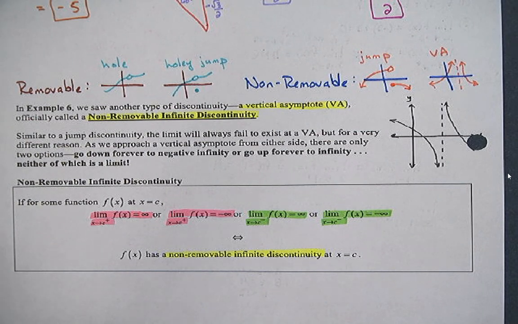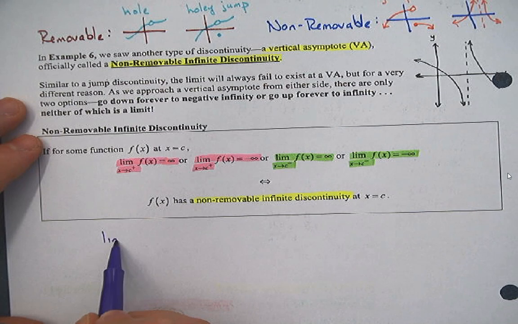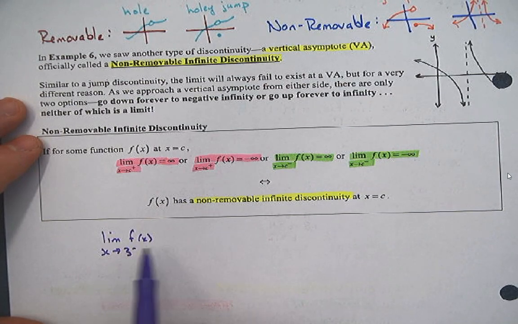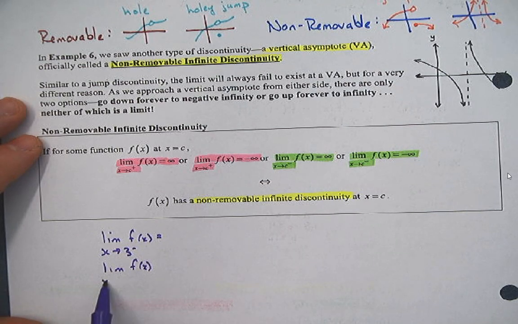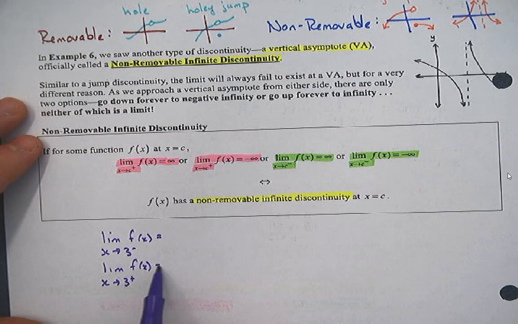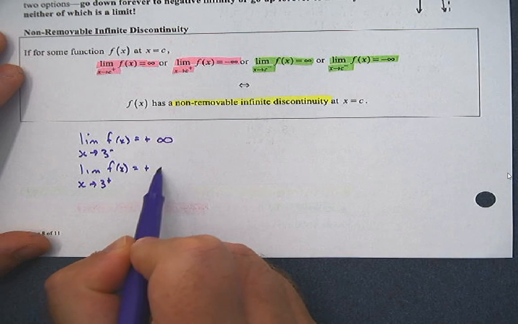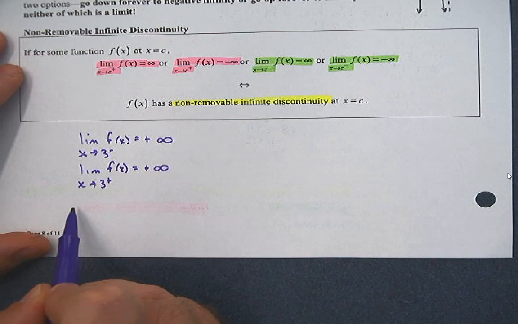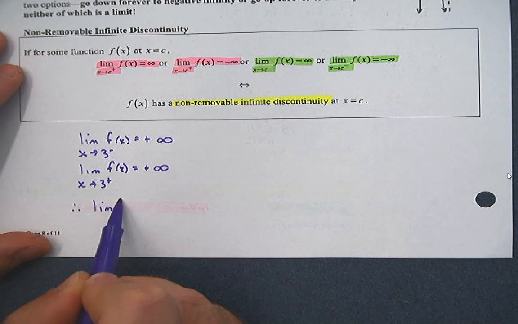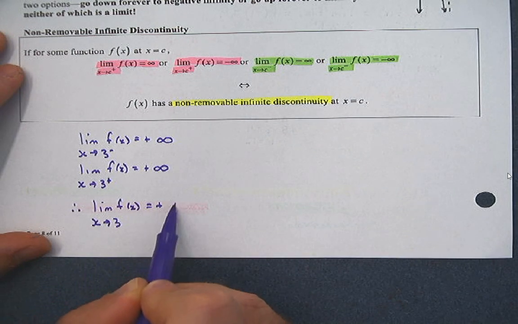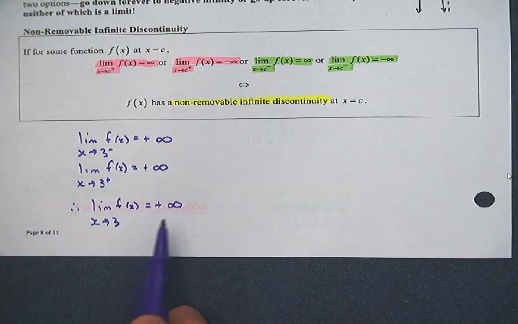So let me kind of talk about this. Let's say I had the limit of f of x as x approaches 3 from the left, and the limit of f of x as x approaches 3 from the right, and let's say both of these limits were going off towards infinity. Then I would say that the limit of f of x as x approaches 3 equals infinity. This is a change from what I'm used to. I'm used to saying that anything going off to infinity does not have a limit.